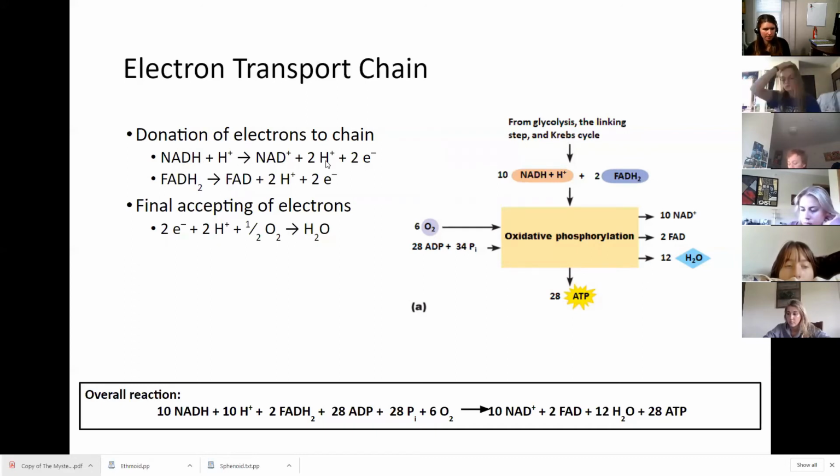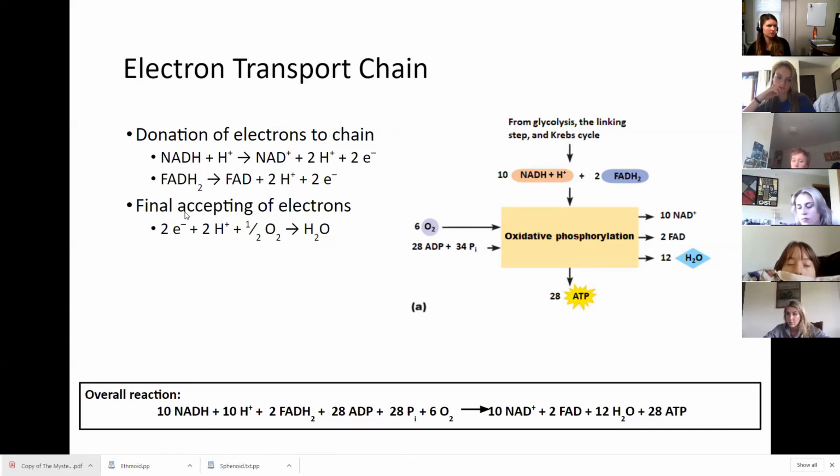Most of them came from the Krebs cycle, but some of them came from earlier steps as well. Now our final accepting of these electrons is happening through oxygen. So our final place that these electrons go is to our oxygen molecules, this air that we're breathing in.